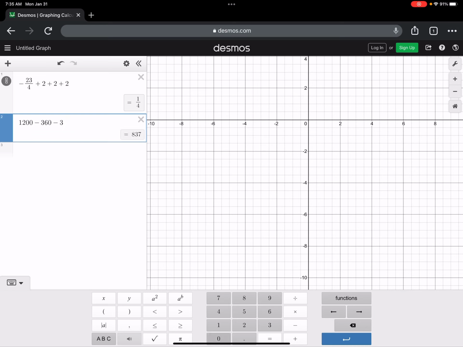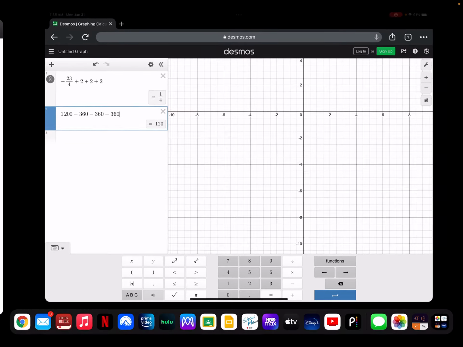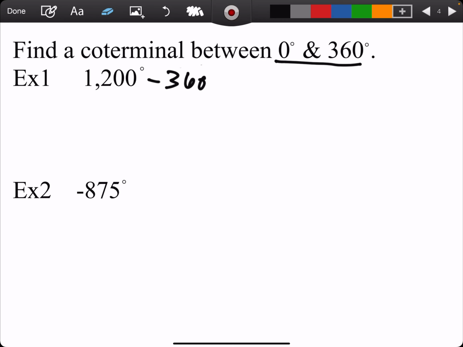Keep subtracting it. Keep subtracting it. And there we go. So 120 is going to be between 0 and 360. So 1200 and 120 are two different angles, but they end up being at the same place when they end. So I get 120 is coterminal with 1200.